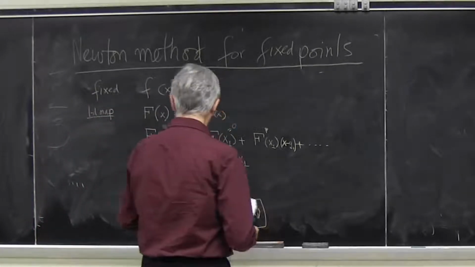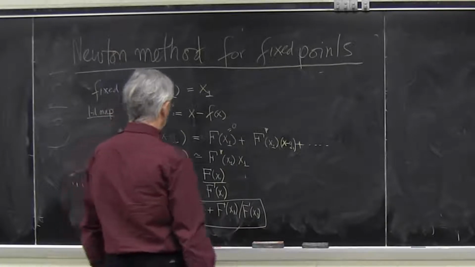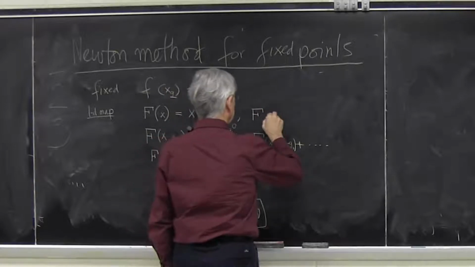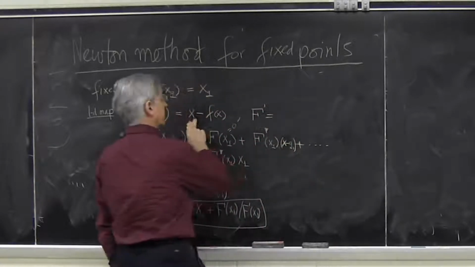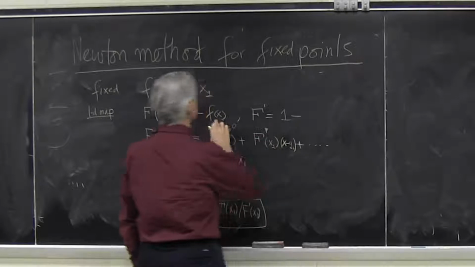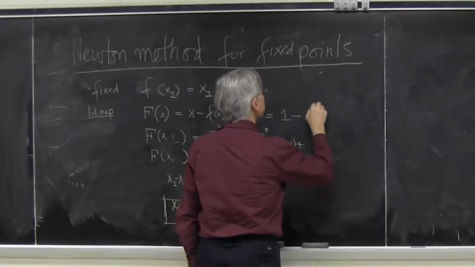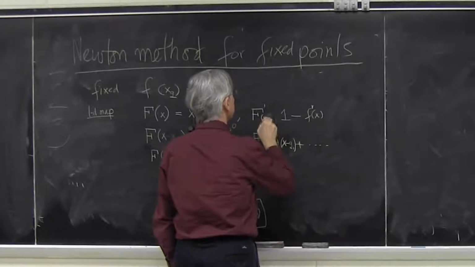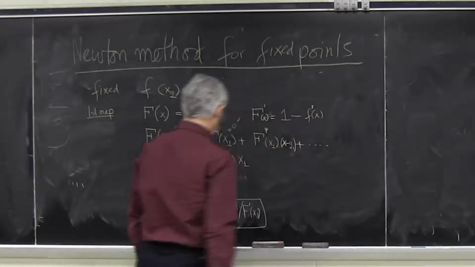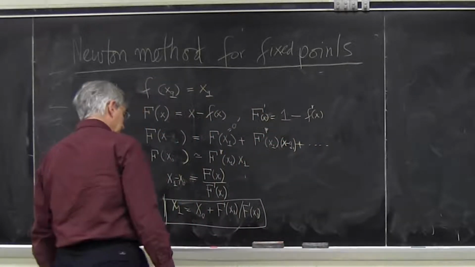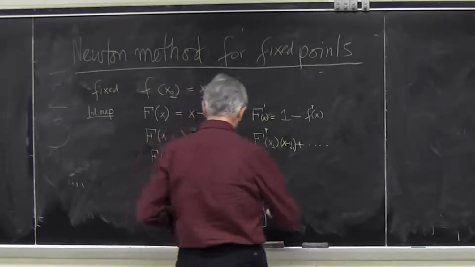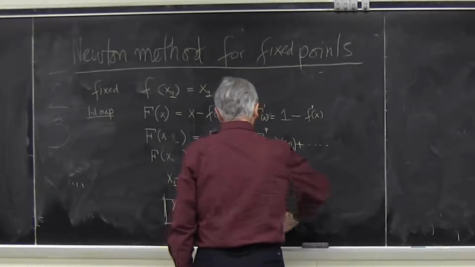So that was Newton. And now what it means is, for the derivative, you pick up 1 here, minus the derivative of the map, evaluated at wherever you are. So if you write it in terms of derivatives for fixed point functions, it looks slightly longer, but it's the same thing.